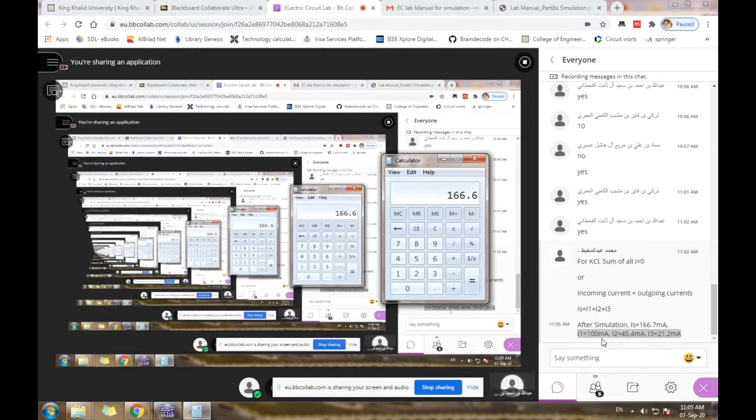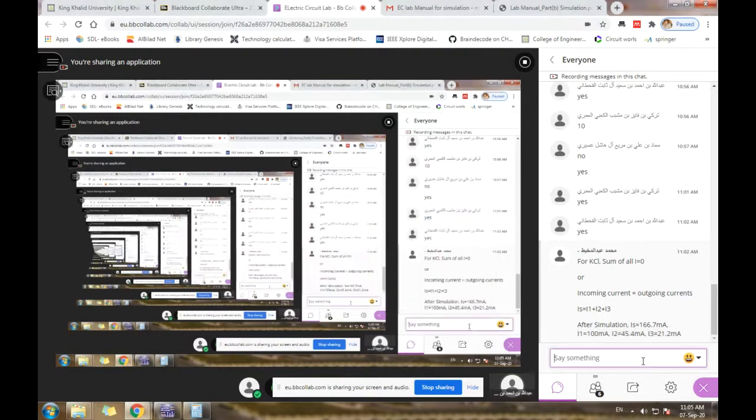So I can say that IS is equal to I1 plus I2 plus I3. Therefore, KCL is verified since IS equals I1 plus I2 plus I3.